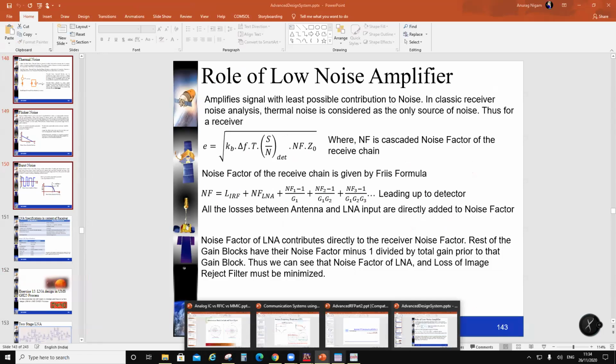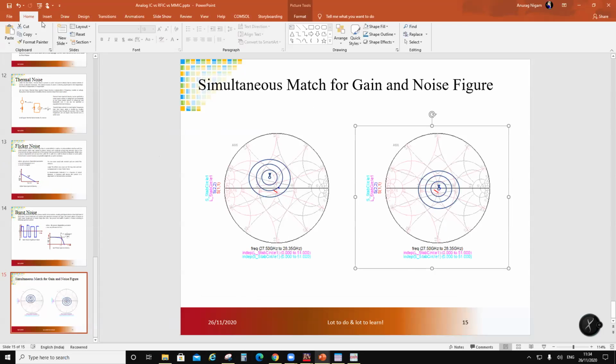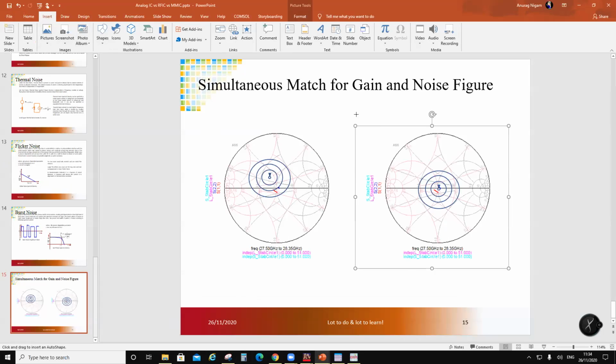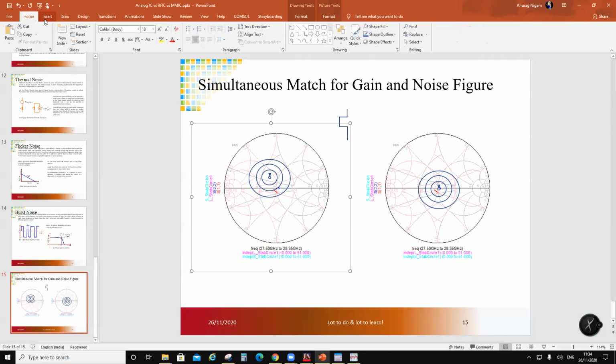So I will draw over here only. So what did I do to reach here was, I did an inductor here.